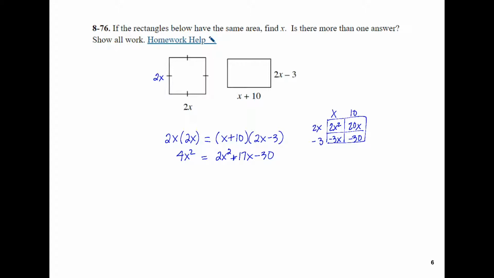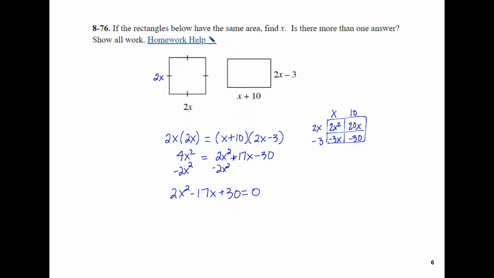We could use our inverse operations, move everything to the left-hand side. We have it set equal to 0.